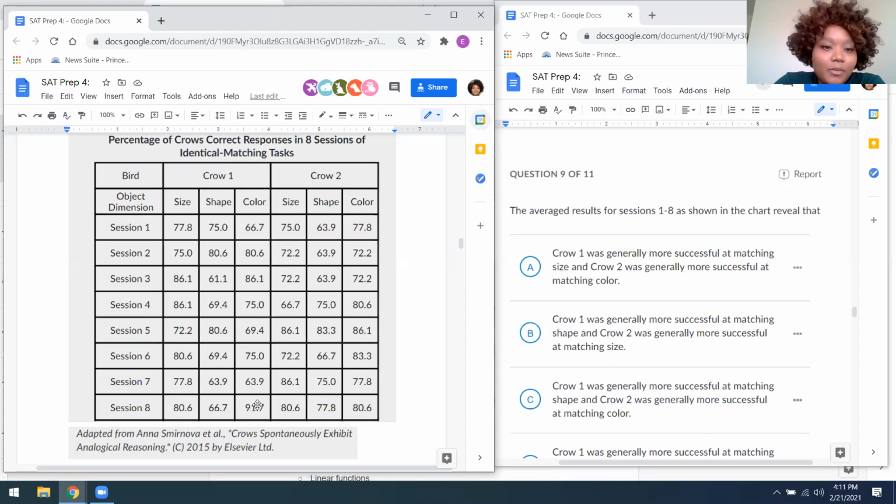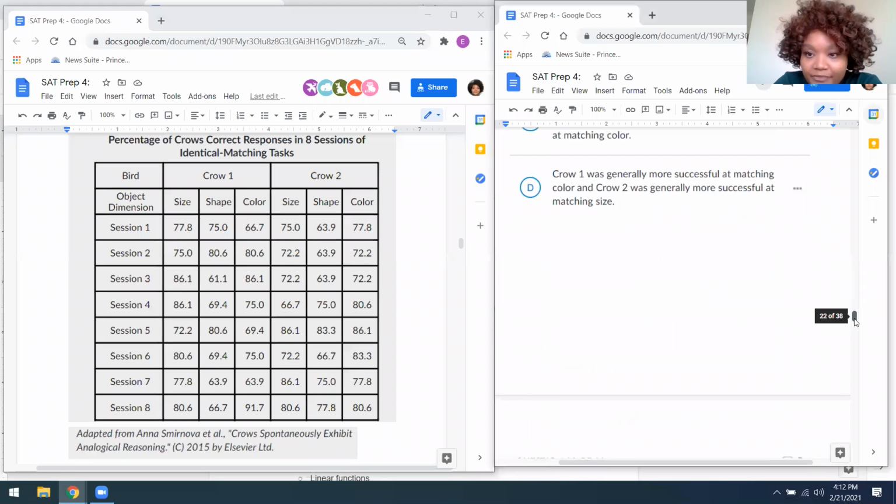Then we look at color for crow 1 and color for crow 2, and generally crow 2 is better at matching color, even though crow 1 does have a 91.7 at the bottom there, but above it is a 63.9. So crow 1's color numbers are all over the place. Crow 2's color numbers are more consistent and higher. So A is correct. Thank you, ML, for the breakdown.